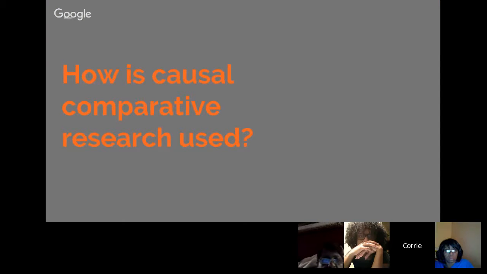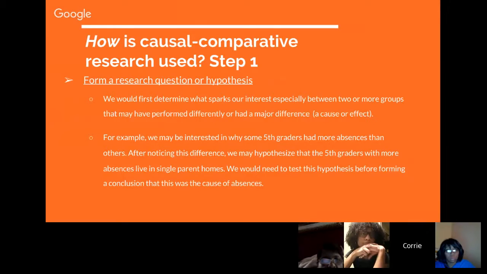Now I'm going to talk about how it's used. The first step in using causal comparative research is to form a research question or hypothesis. We would first determine what sparks our interest, especially between 2 or more groups that may have performed differently or had a major difference, which would be our cause or effect.